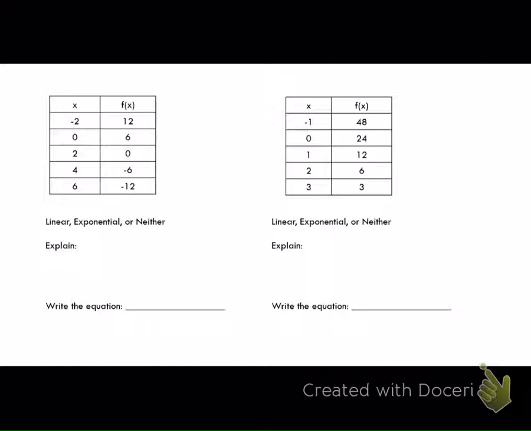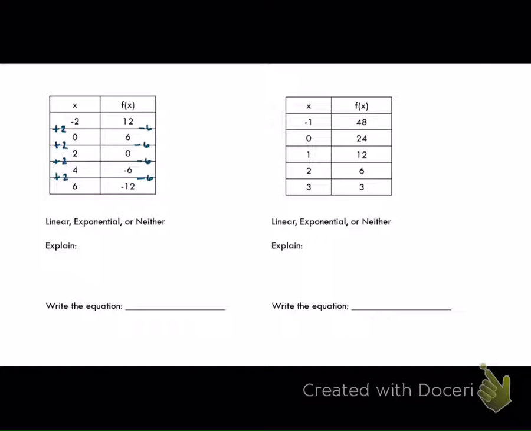Jenny, what do you think? What is it doing on the x, though? It's not just subtracting by 6. What is the x doing? So it's adding by 2 on the x each time. So it's constantly adding the same thing on the x and constantly subtracting the same thing on the y.